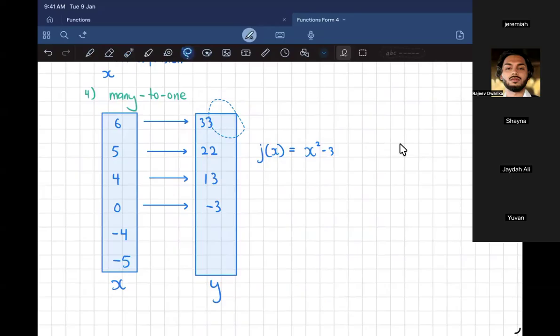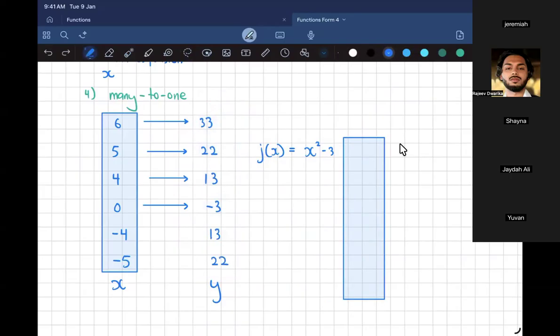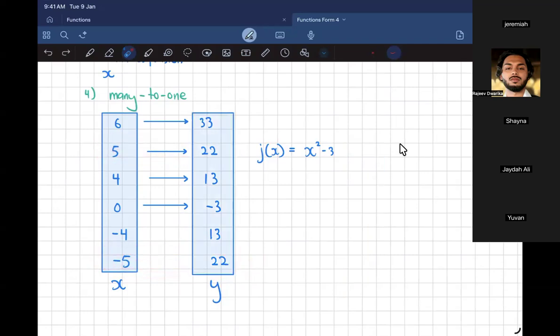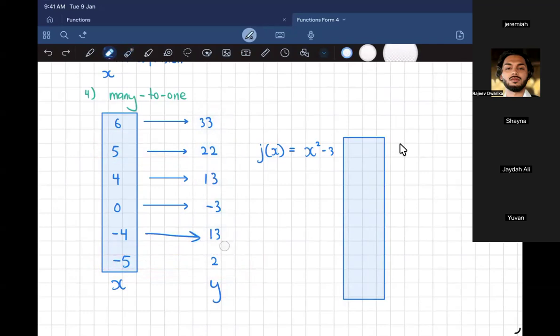You know why? Watch. Minus 4 is still going to 13 and minus 5 is still going to 22. Look at this. If I write it like this, many of them are still going to the same answer. Watch. 5 going to 22, and minus 5 still going to 22. Correct. So that would be a many-to-one still.